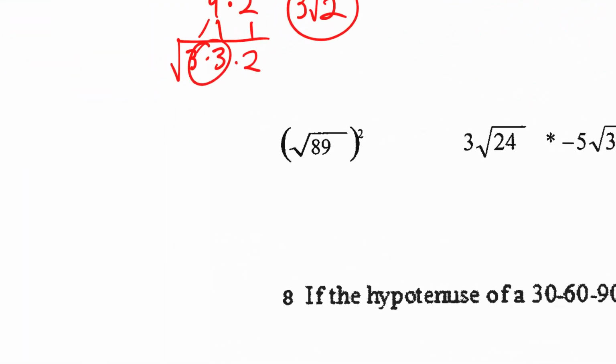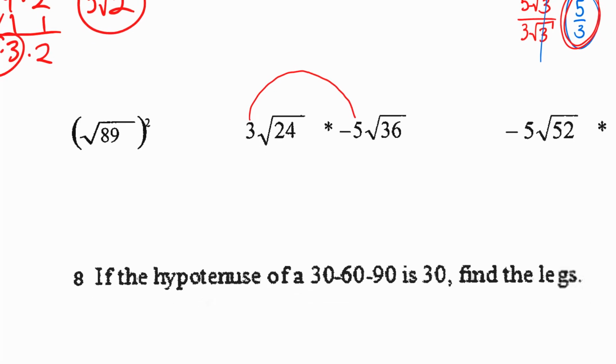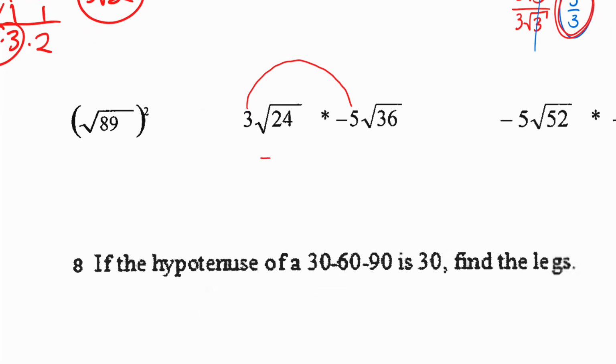That one's easy. On this one, remember you multiply outside numbers together. So what's 3 times negative 5? It gives you negative 15. Then the inside numbers, 24 times 36. What is that? It's 864.